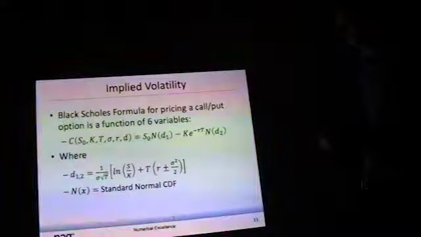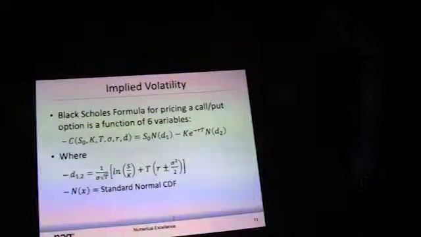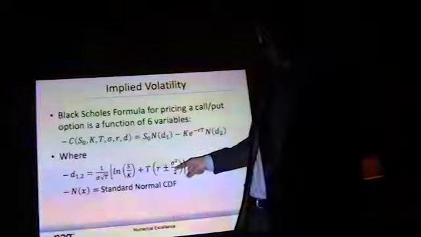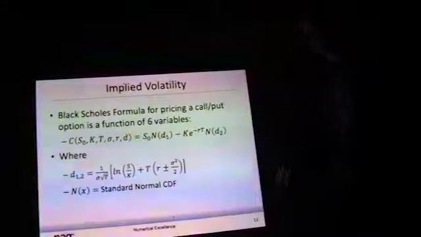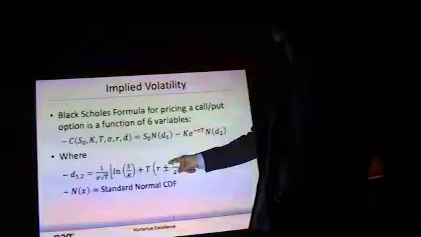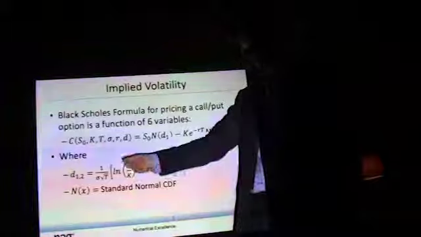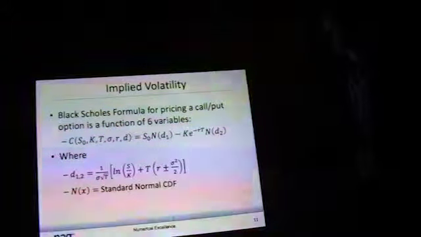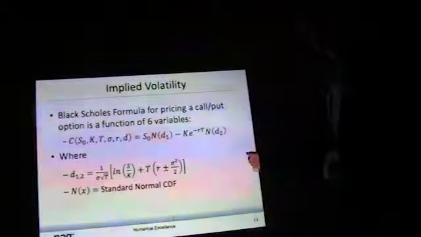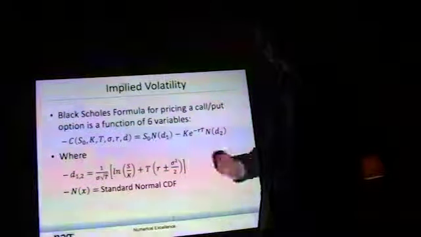And then it turns out, as sigma goes to infinity, d1 and d2 are going to be different. As sigma goes to plus infinity for d1, this is going to be positive, so this will actually go to positive infinity. And as this goes to positive infinity, this is going to go to 1 again, so here you just get S0.